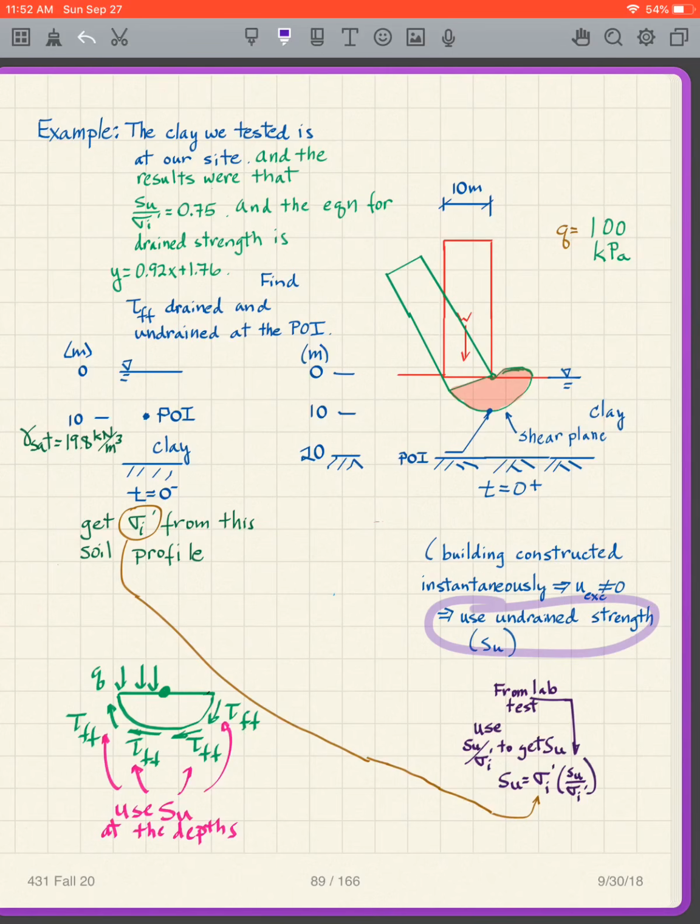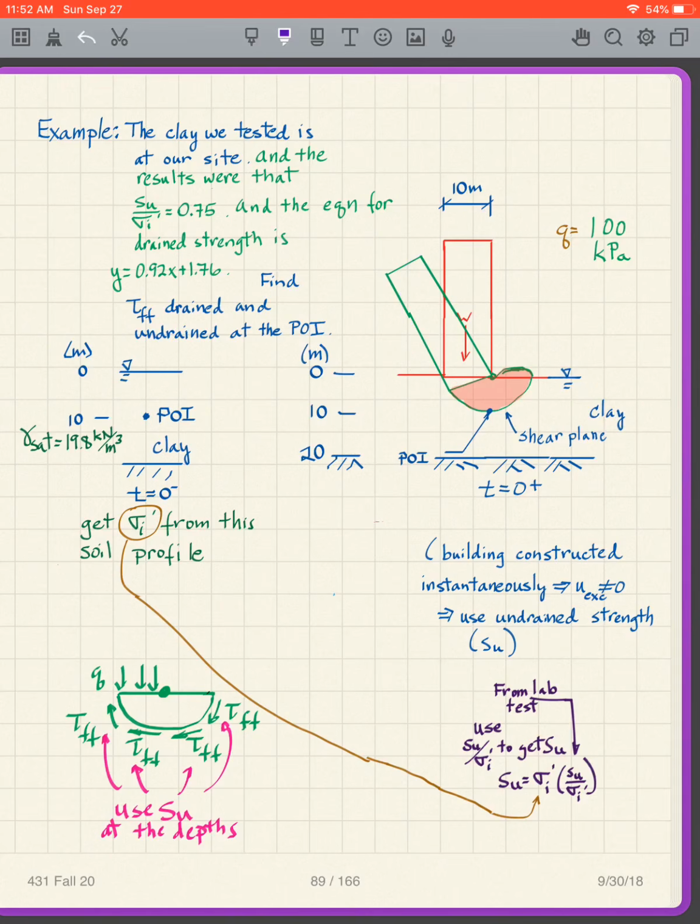Of course, we're going to assume that the building is there for 50 years. So we're also going to be interested in the drained shear strength because after 50 years, we're going to assume that the excess pore pressures have dissipated.